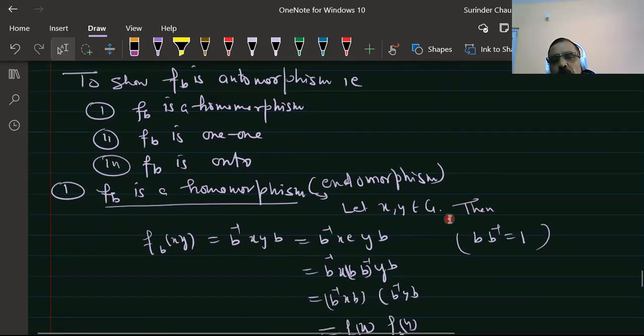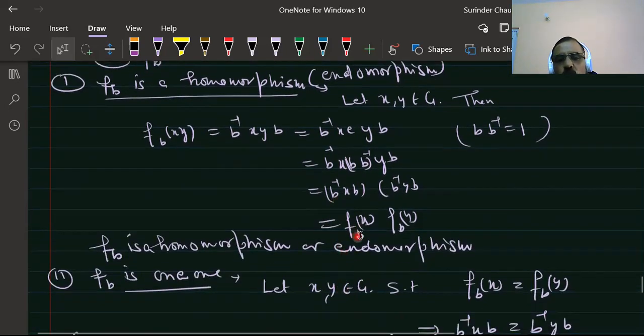So let us take two elements x, y. f_b of xy is equal to, by definition, b inverse xy b. Put e between x and y, where e can be written as b b inverse. Using the associative law, because G is a group, this is b inverse x b times b inverse y b.